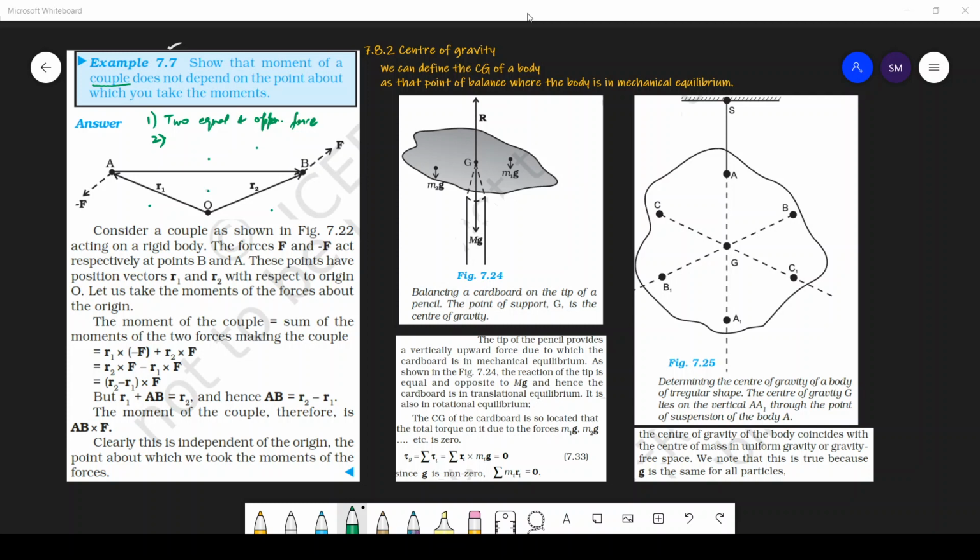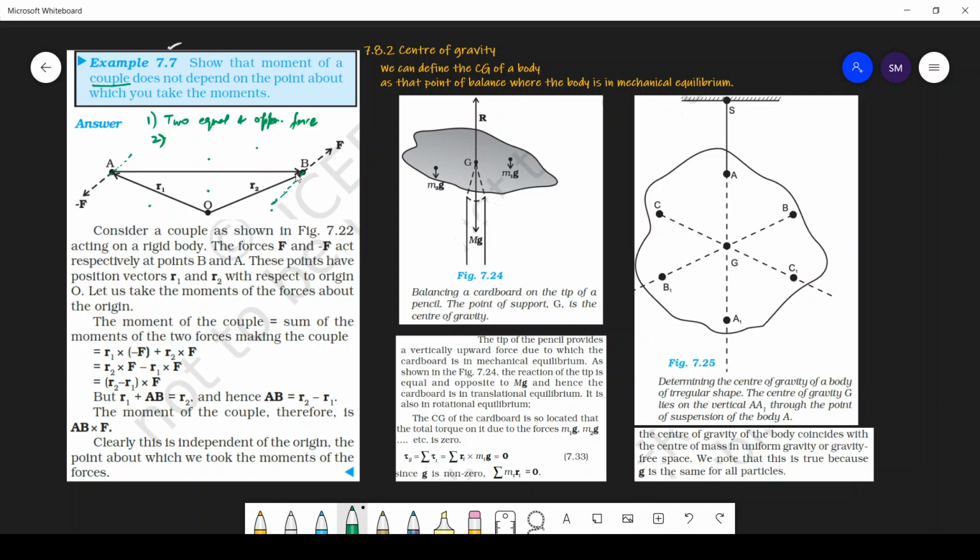Yes, Harsh Swami. Sir, different lines of action. Excellent. Very good, Harsh. I told you yesterday also that there should be different lines of action. So see, this is the line of action of this force and this is the line of action of this force.